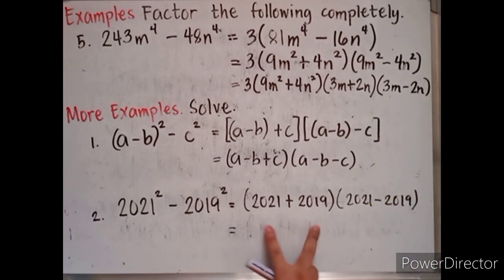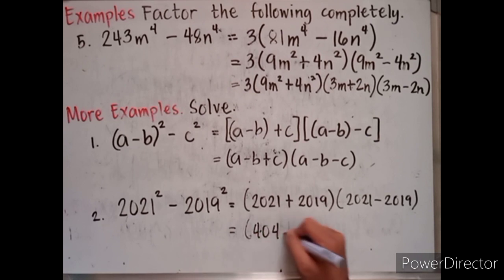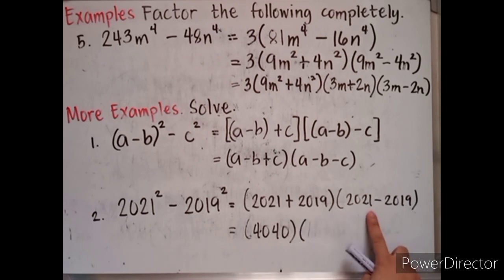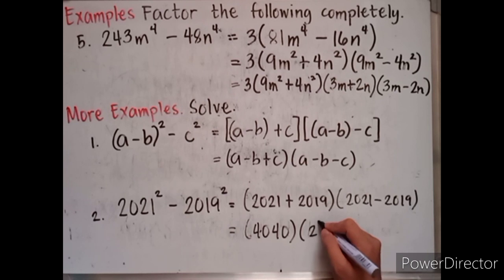And to evaluate this, I think this is magiging 4,040. Okay? 2021 minus 2019. So what is that? 2 lang pala yun. Okay, so last na.